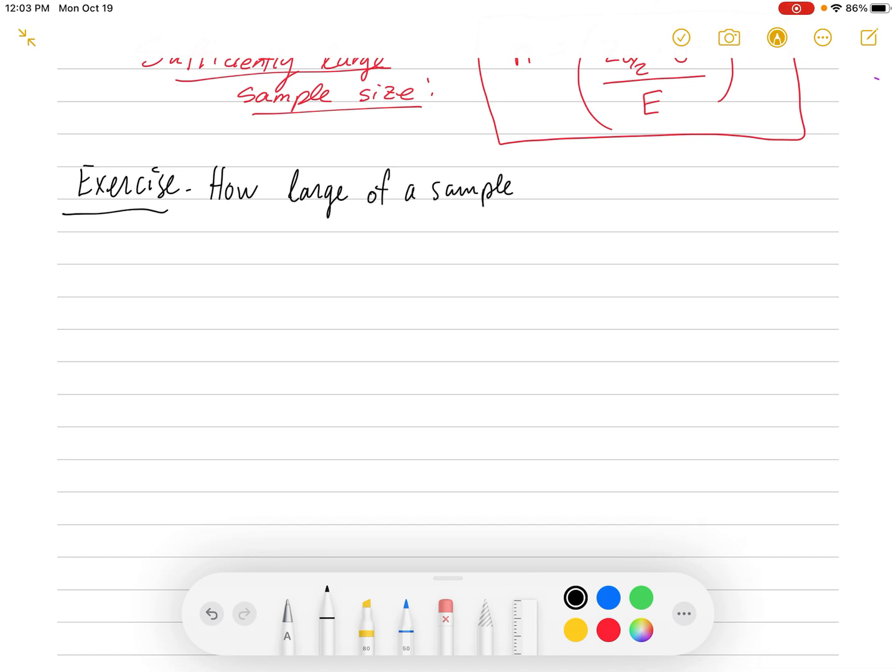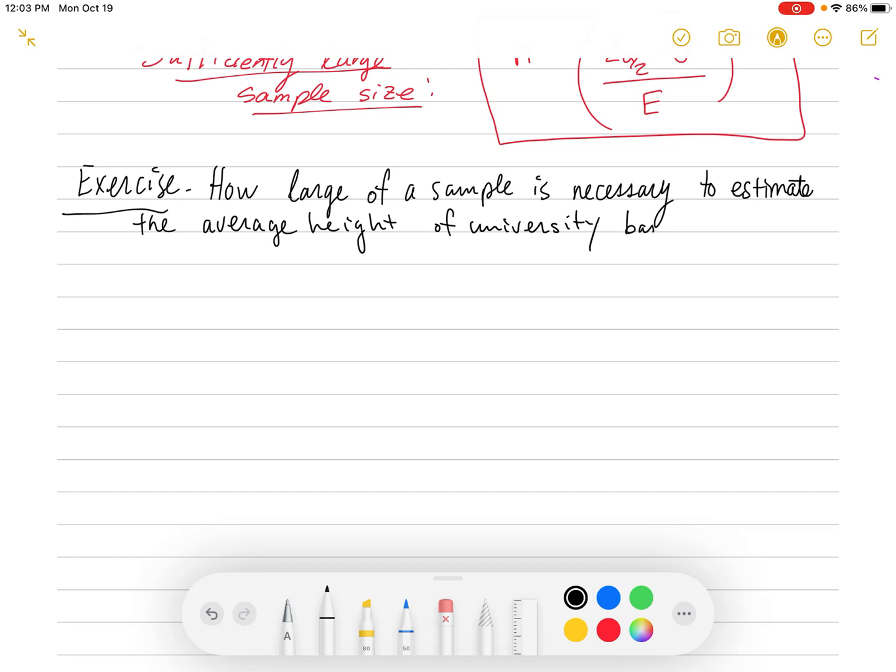How large of a sample is necessary to estimate the average height of university basketball players within 0.5 inches.